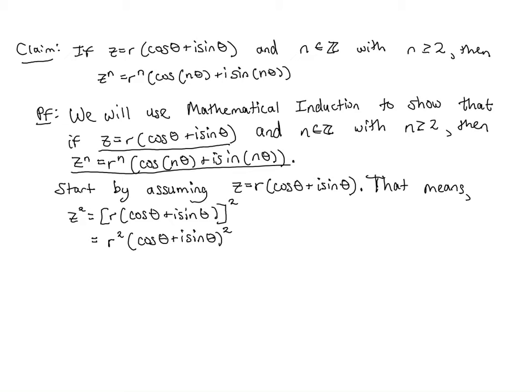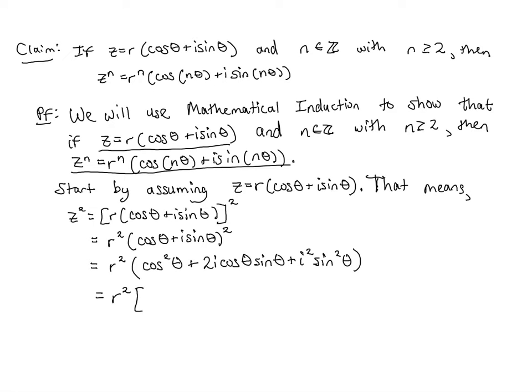And then if you square out the cosine and the i sine, keep the r squared, and that becomes cosine squared theta plus 2i cosine theta sine theta plus i squared sine squared of theta. And we also know that i squared equals -1, and I'm also going to move some stuff around a bit, and you'll see why in a sec.